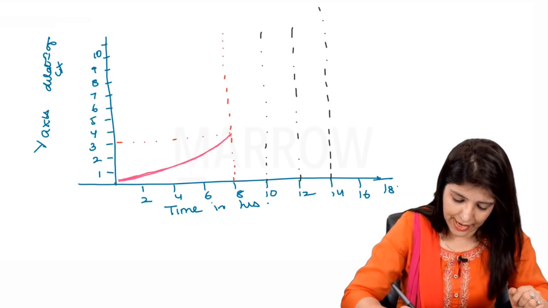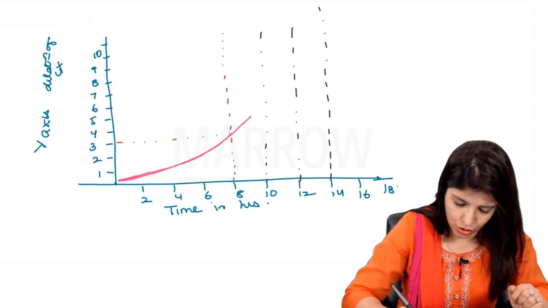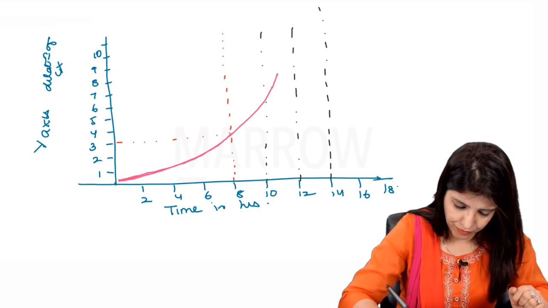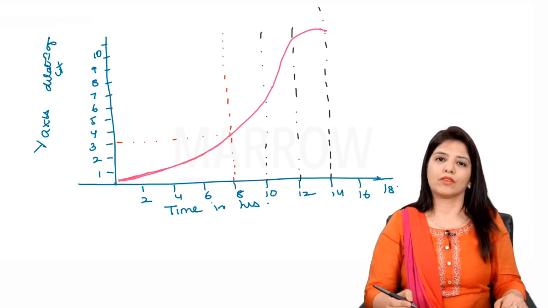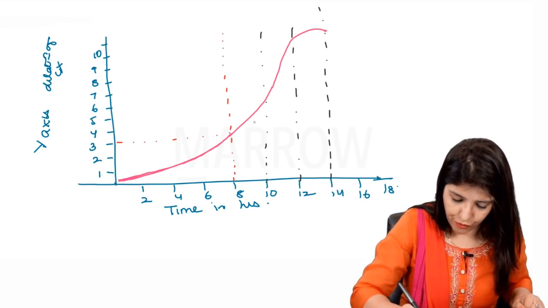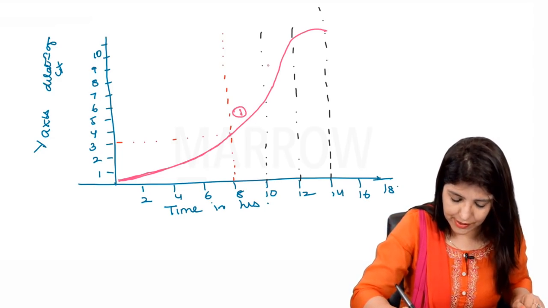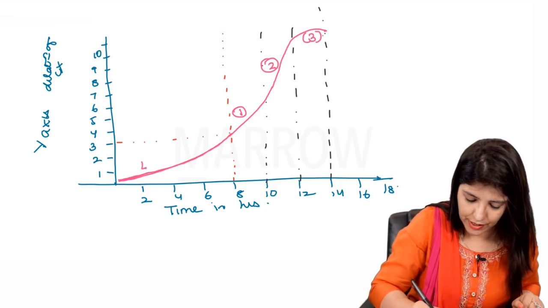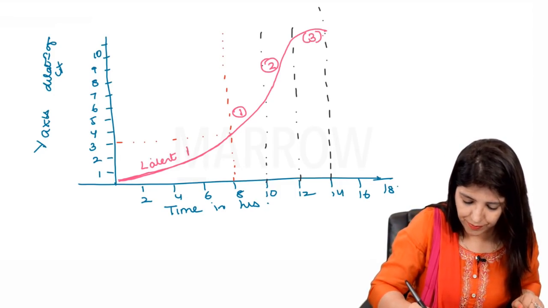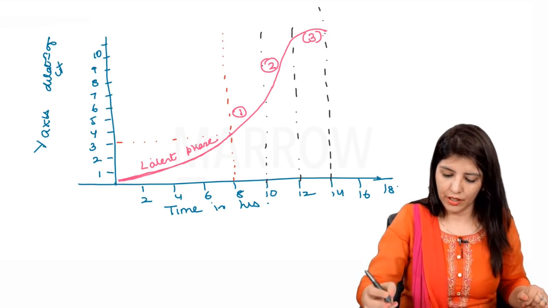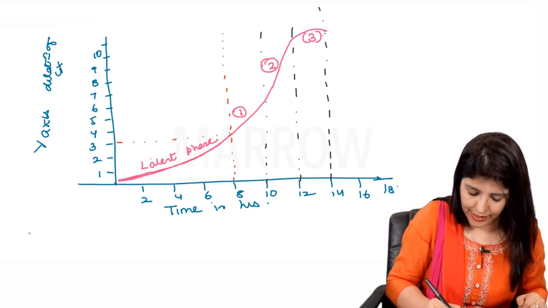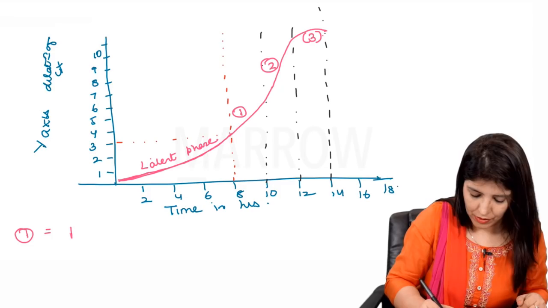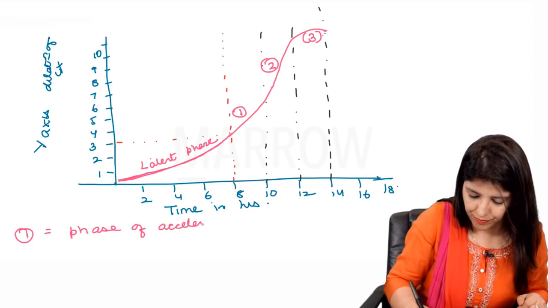He divided active phase into 3 phases. Right? This is the first phase of the active phase, this is the second phase of the active phase, and this is the third phase of the active phase. This was latent phase. The first phase is called the phase of acceleration.